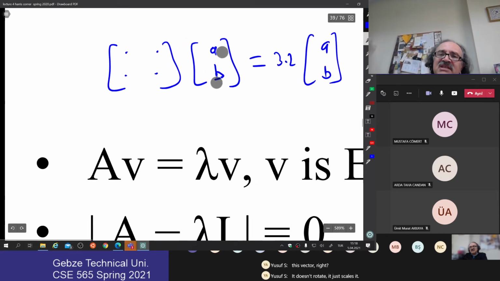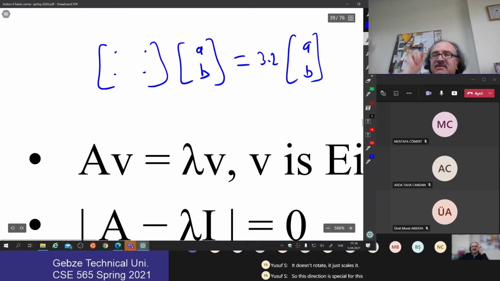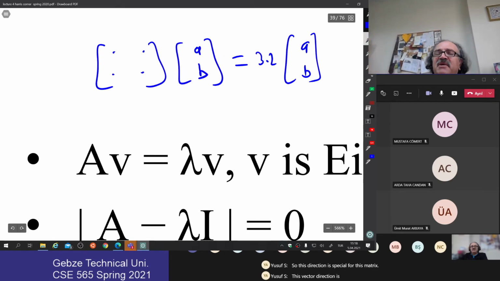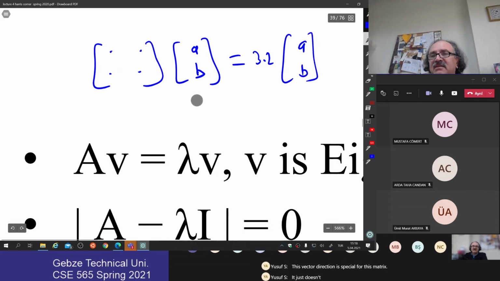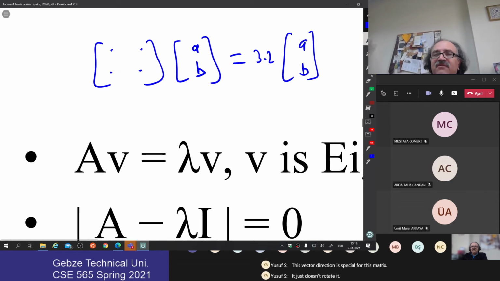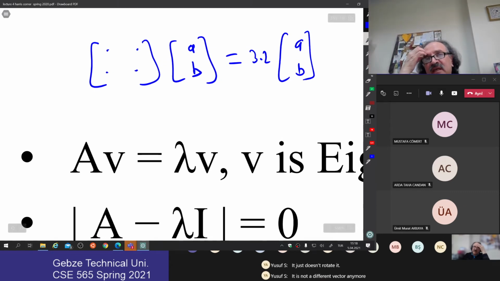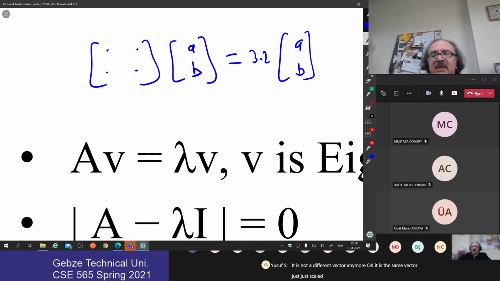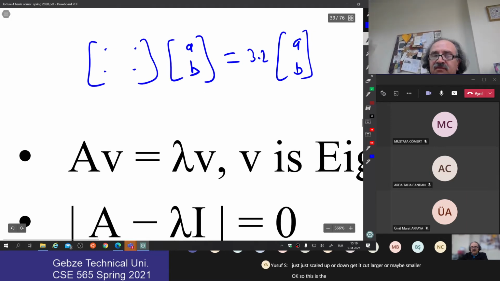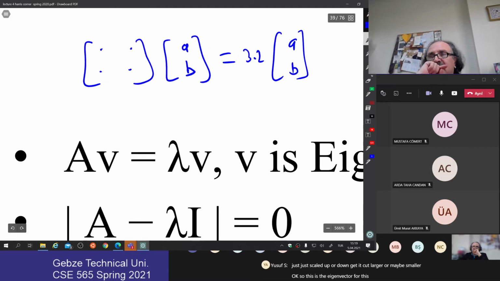So this direction is special for this matrix. It just doesn't rotate it. It is not a different vector anymore. It is the same vector, it is just scaled up or down. It got larger or maybe smaller. So this is the eigenvector for this matrix.